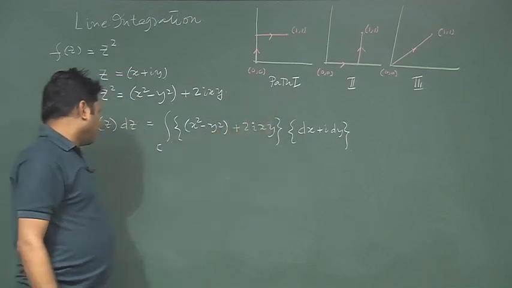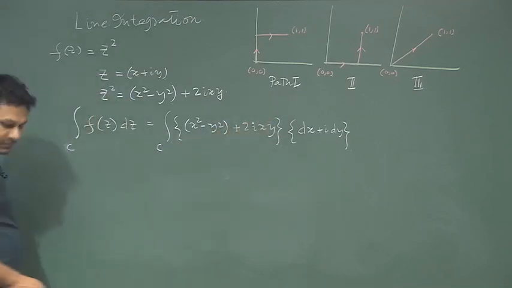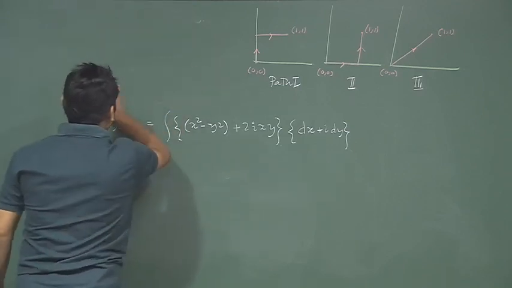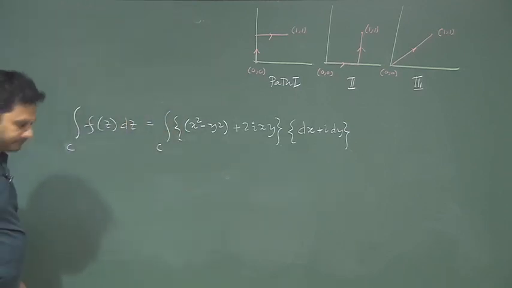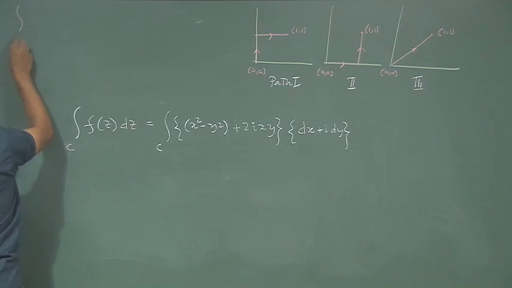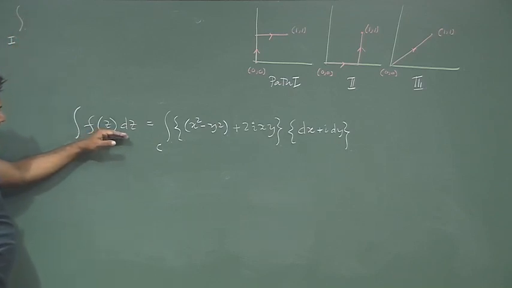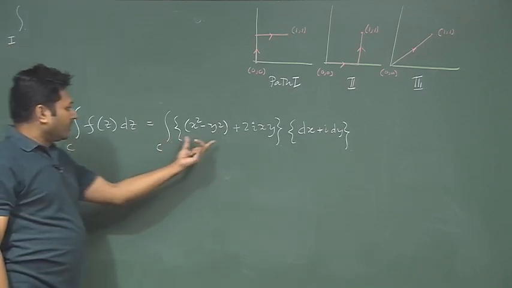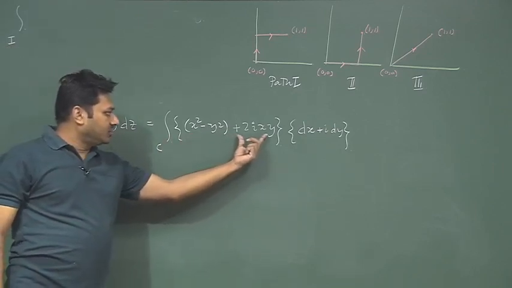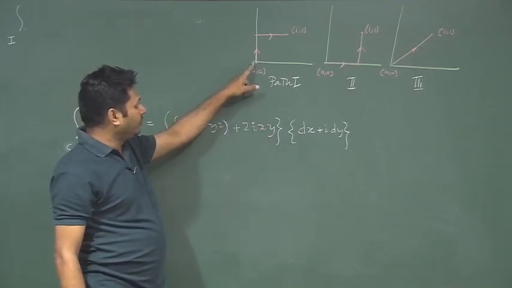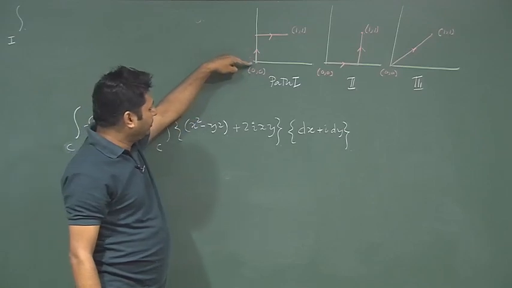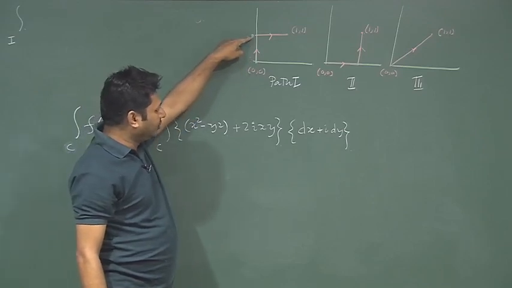For path 1, let me erase this part and calculate here. The integration for path 1: x square minus y square plus 2 I x y. Here I am going from this portion to this portion, and there is no change in x.